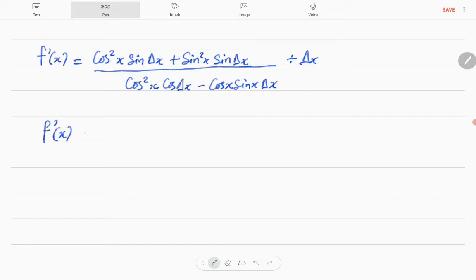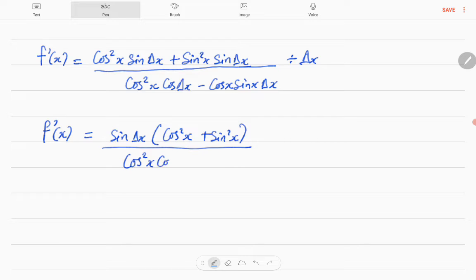So I have f prime of x is equal to sin dx into cos square x plus sin square x, divided by cos square x cos dx minus cos x sin x dx. Now we're going to have times the inverse of dx, that's 1 divided by dx.